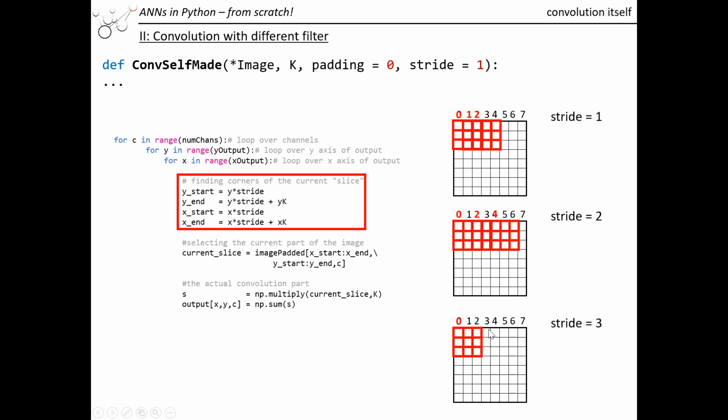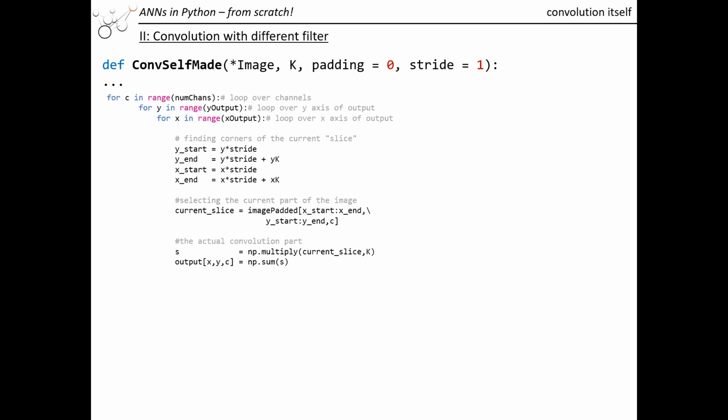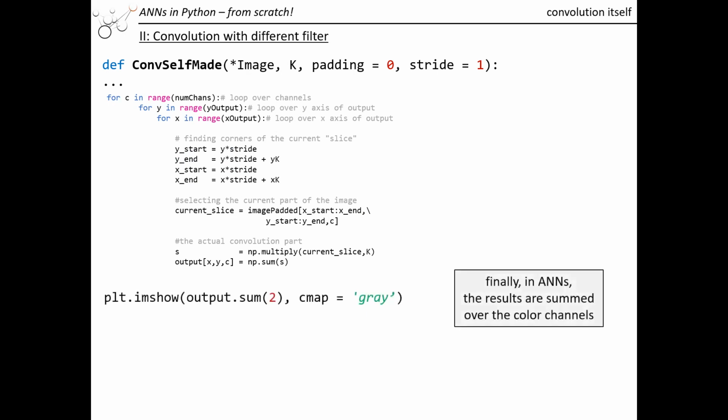That would be here. And the end coordinate would be 1 times 3 plus the size of the kernel. So they would not overlap. All right, so now we convinced ourselves that our routine would work.